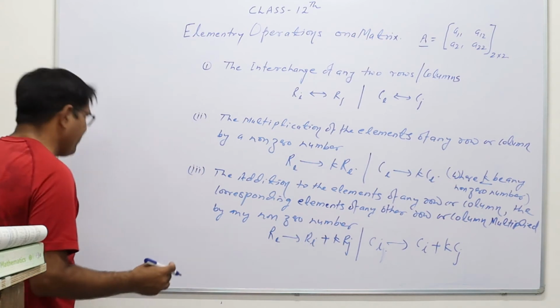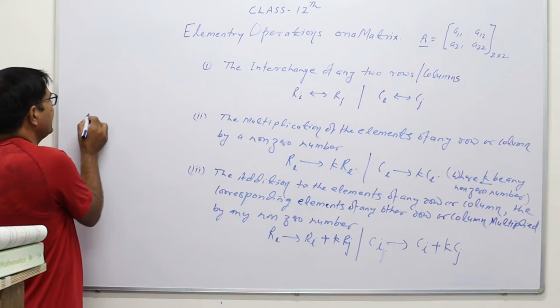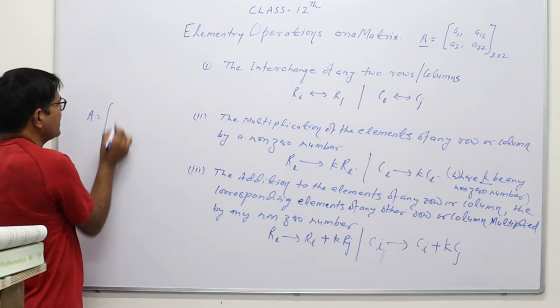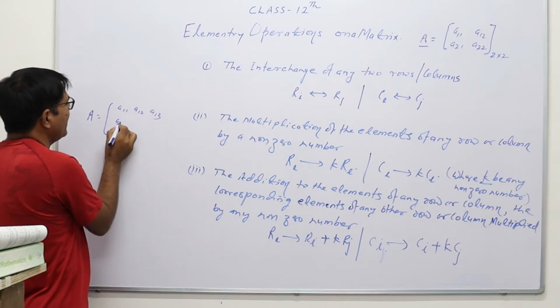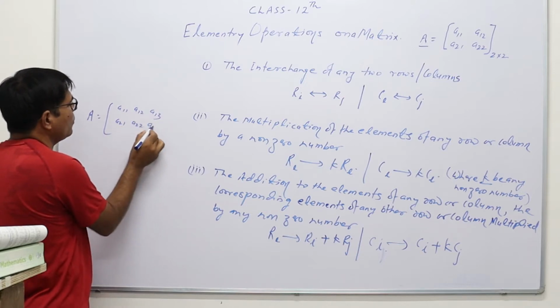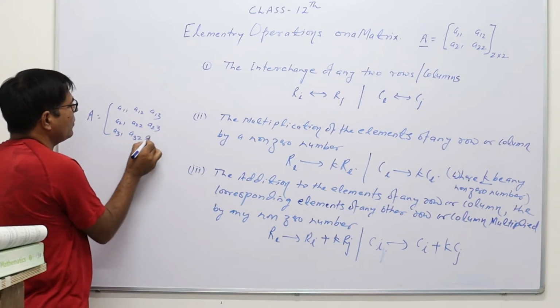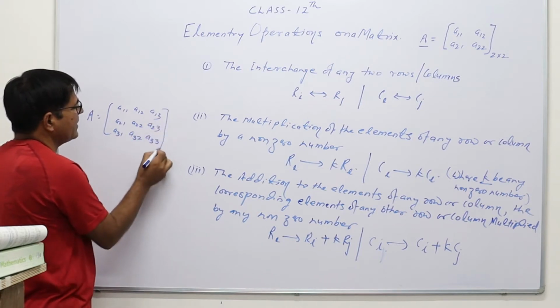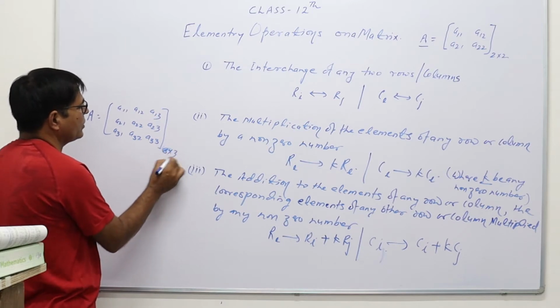So if we have to write a matrix of order 3 cross 3, then let A equals A11, A12, A13, A21, A22, A23, A31, A32 and A33. This is any square matrix of order 3 cross 3.